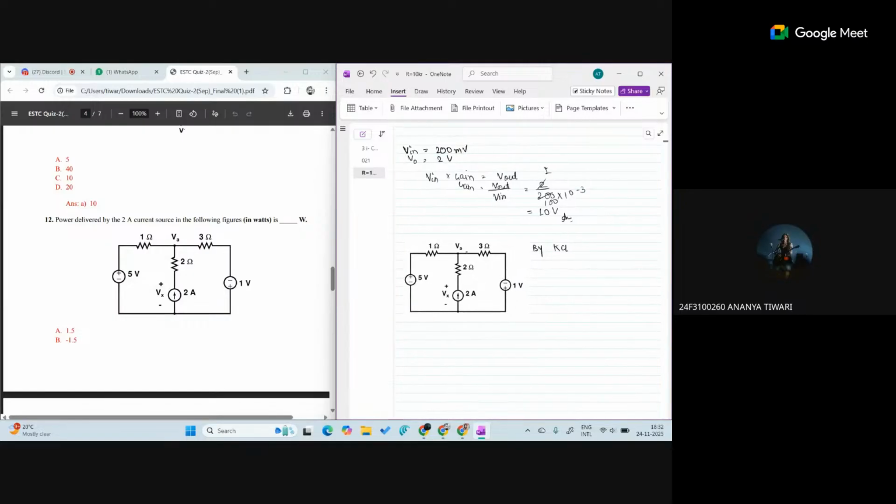So by KCL, this is the node. We can write it here. This is 0 volt, this will be 5 volt, this would be 0 volt, and this would be minus 1 volt.